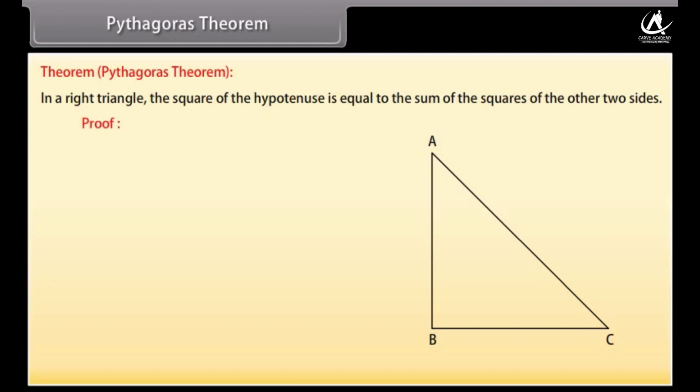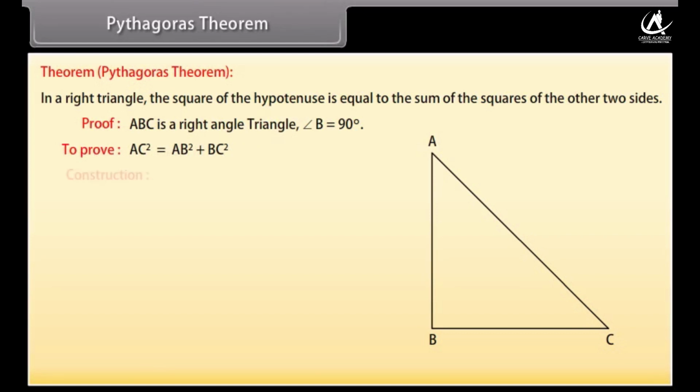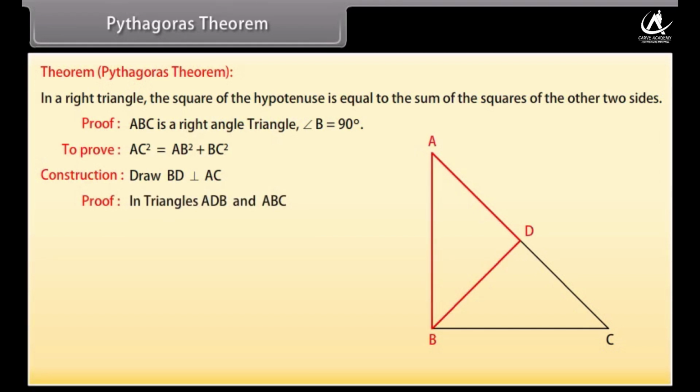Proof. ABC is a right-angled triangle. Angle B is equal to 90 degrees. To prove, AC square equals AB square plus BC square. Construction. Draw BD perpendicular to AC. Proof. In triangles ADB and ABC, angle A is equal to angle A, common.